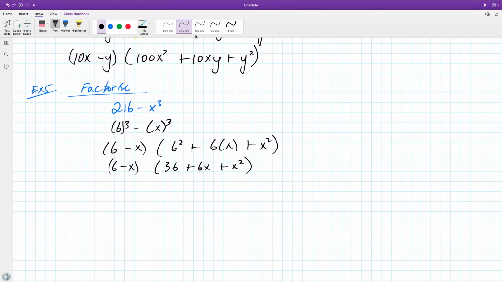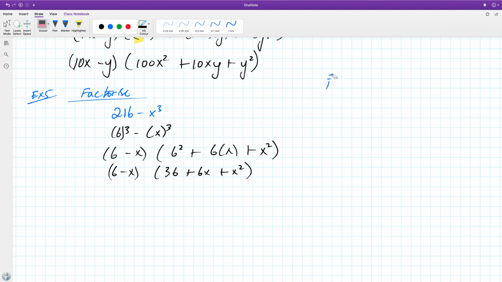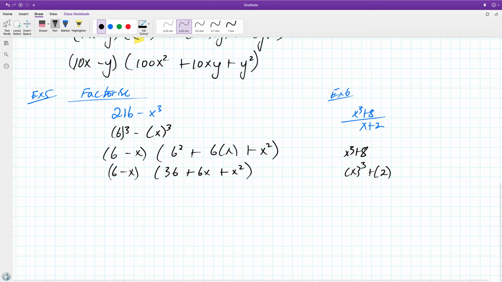Right, so let's look at it. It was x cubed plus 8 over x plus 2. So we dealt with x cubed plus 8 first of all, which was x cubed plus 2 cubed.